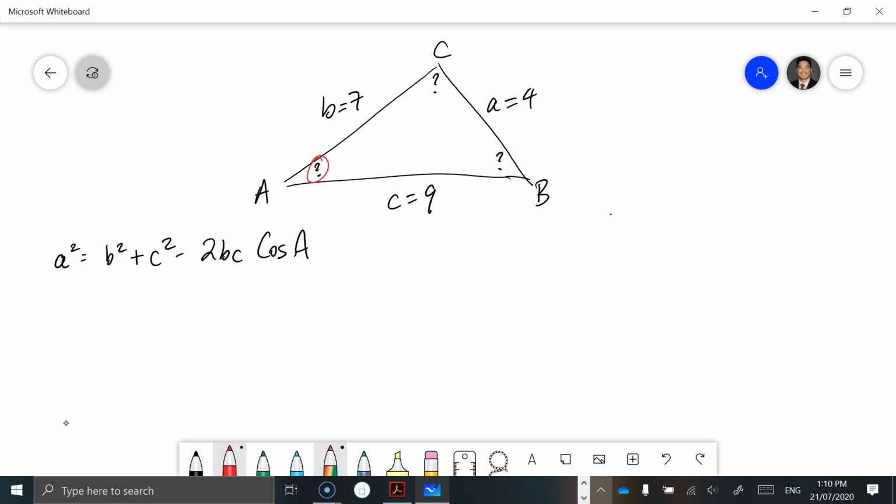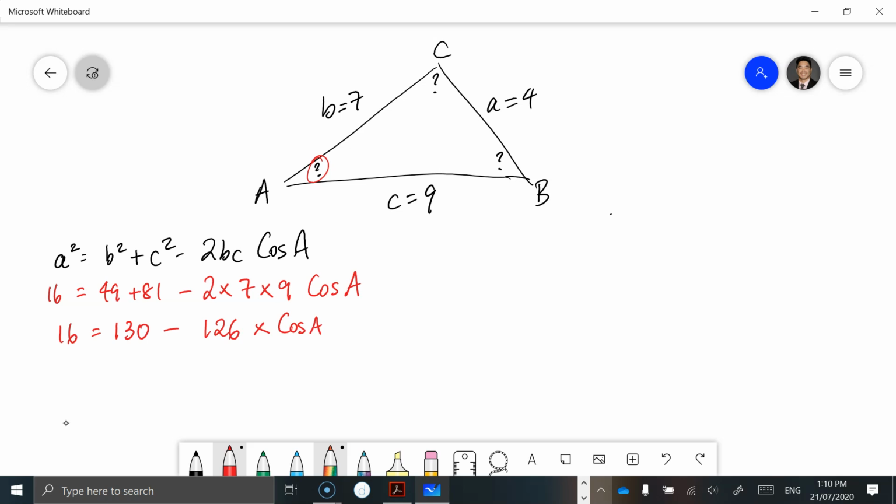So a squared 16, b squared 49, c squared 81, minus 2 times 7 times 9 cosine of A. So 81 plus 49 is 130. Then 2 times 7 times 9 is 126. So minus 126 multiplied by cosine of A is equal to 16.